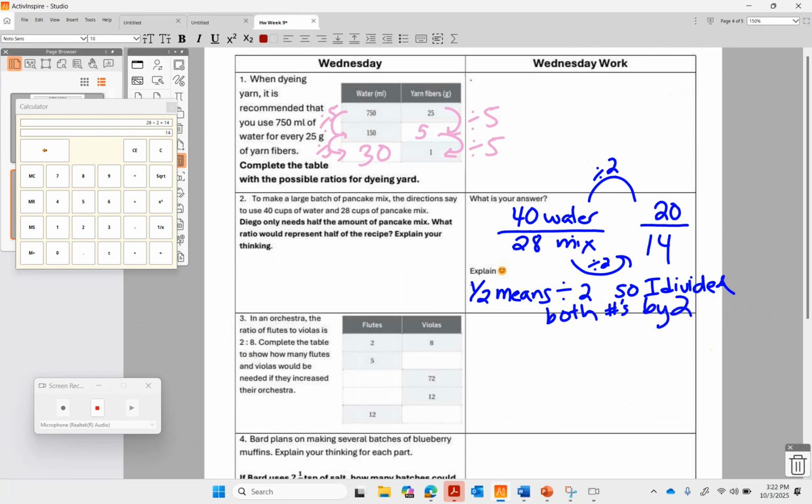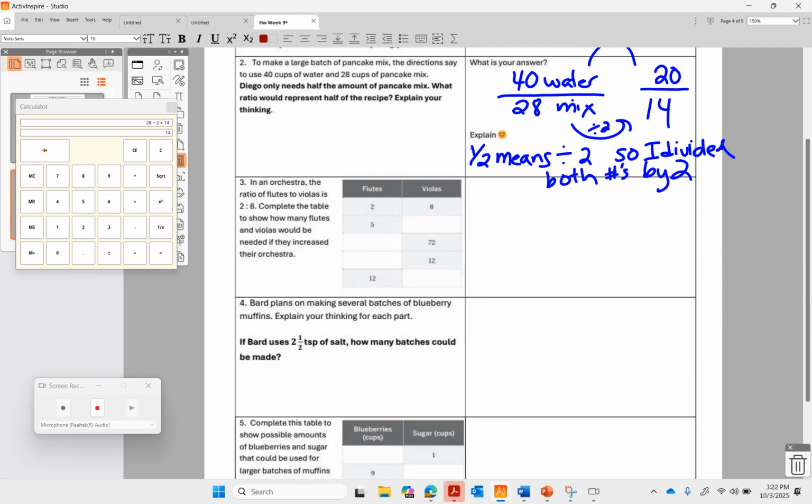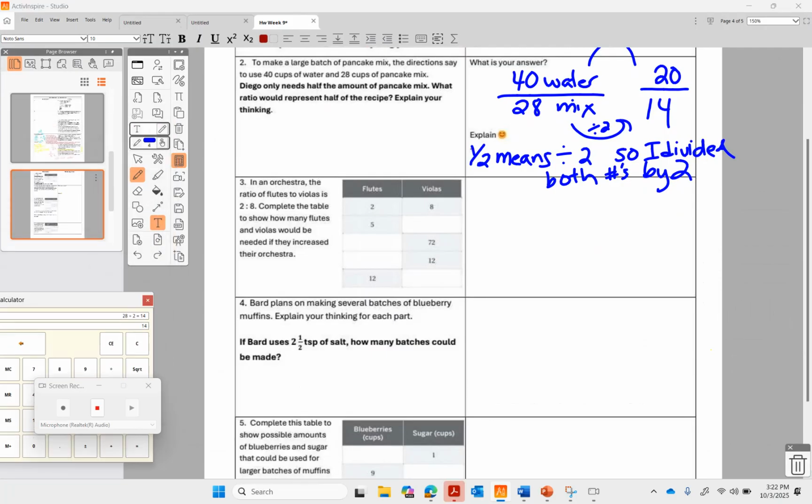Number 3. In an orchestra, the ratio of flutes to violas is 2 to 8. Complete the table. Oh, I don't know how to get from 2 to 5. I'm going to come back to that for a minute. I know to get from 2 to 12, I multiply by 6. Okay?